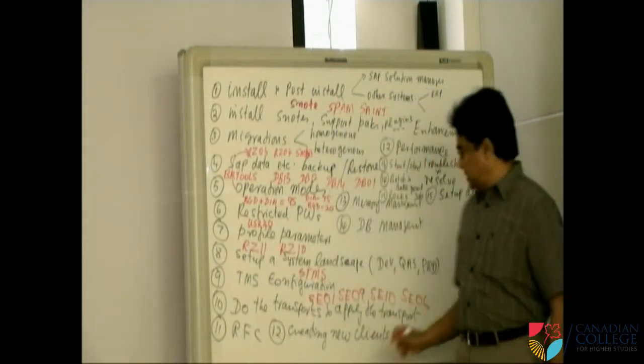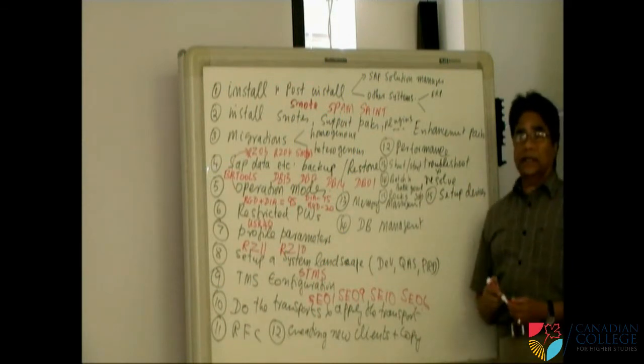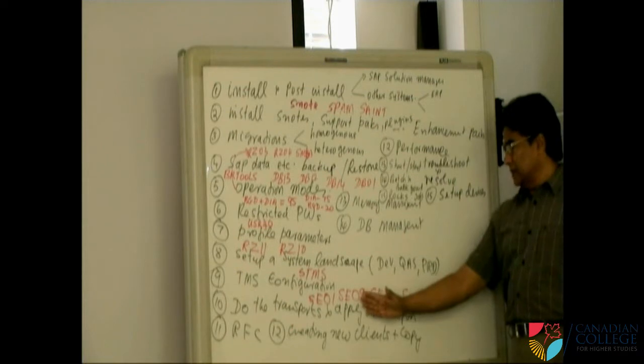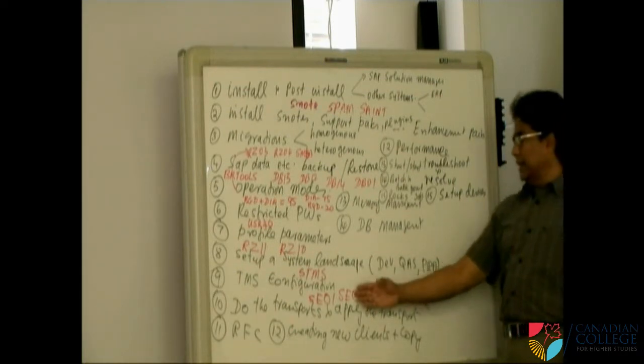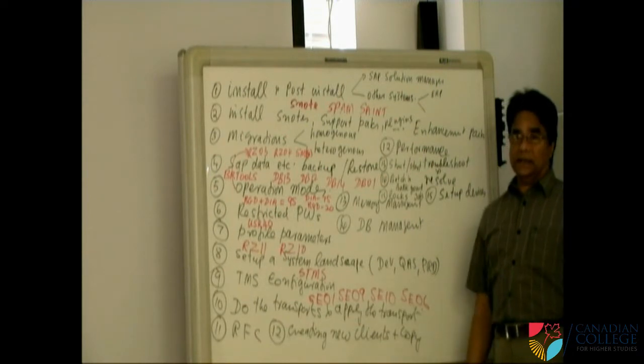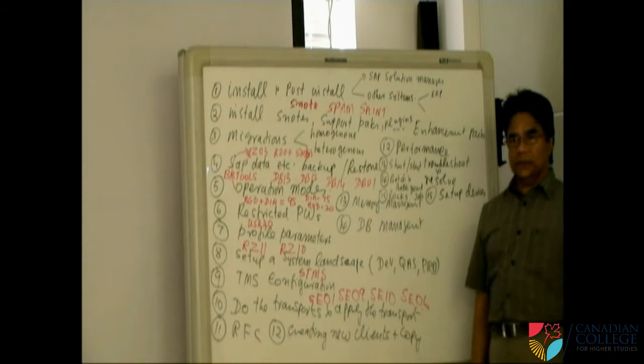At the beginning I use this to do post installation and also before configuring transport management system the first time, right? So normally for transports I use this. I can create transport using this command, or I can release transports using these commands.